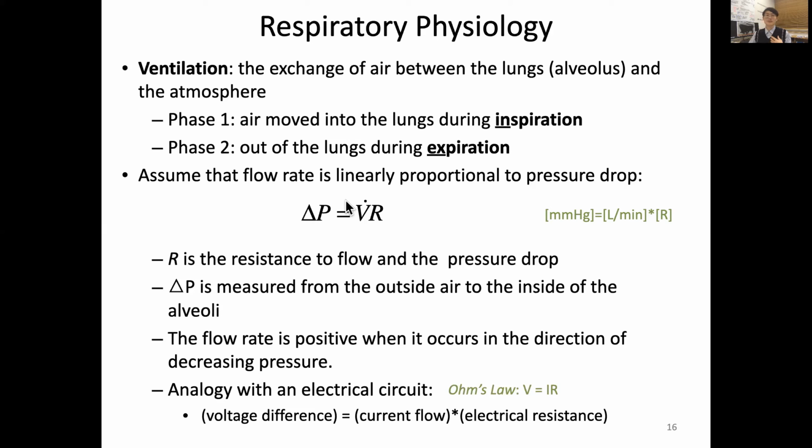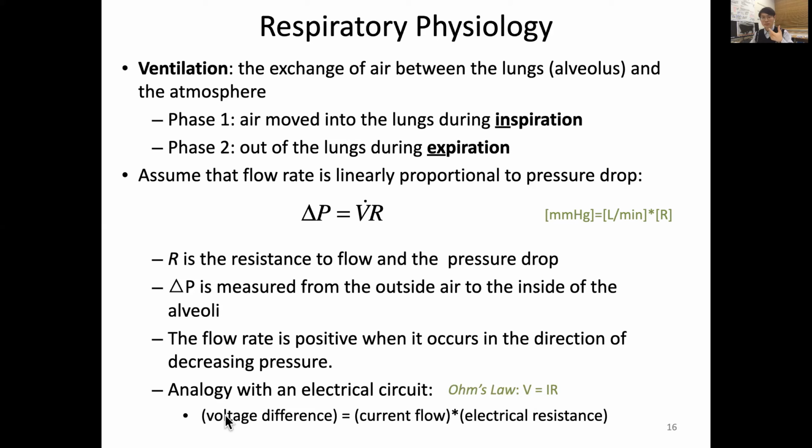And this is very similar to what we know from basic electrical engineering or circuit theory. In an electrical circuit, you probably heard about Ohm's law, which relates the current flow to the voltage difference or potential. That is the driving force as an electrical potential. And if charges go through a resistance, then that electric charge flow is defined as a current.